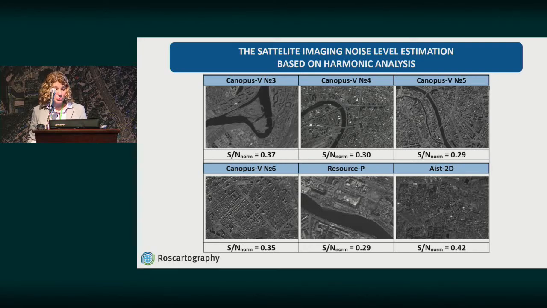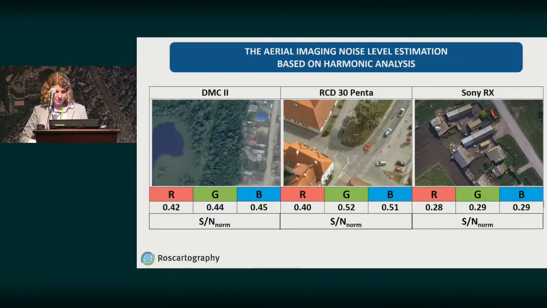We have images from Canopus V from 3 to 6. And Canopus images are the noisiest, and the best result was shown by the highest to D, with the highest degree of signal to noise ratio.